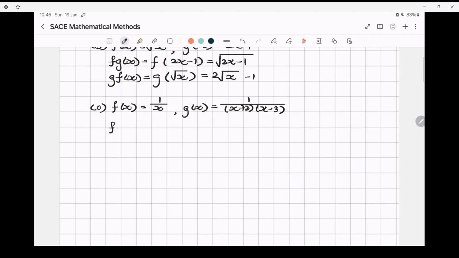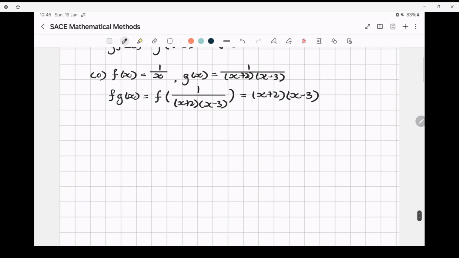So f of g will be f of the whole thing, and then you reciprocate due to f of x, so you get 1 over (x plus 2)(x minus 3).